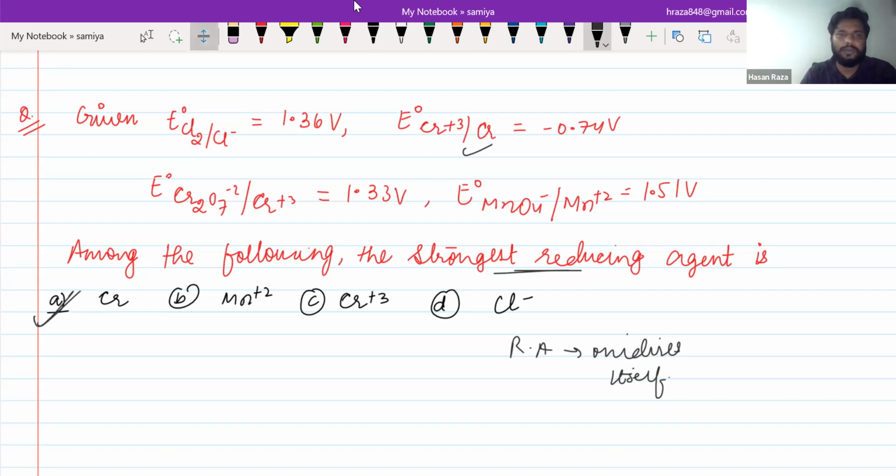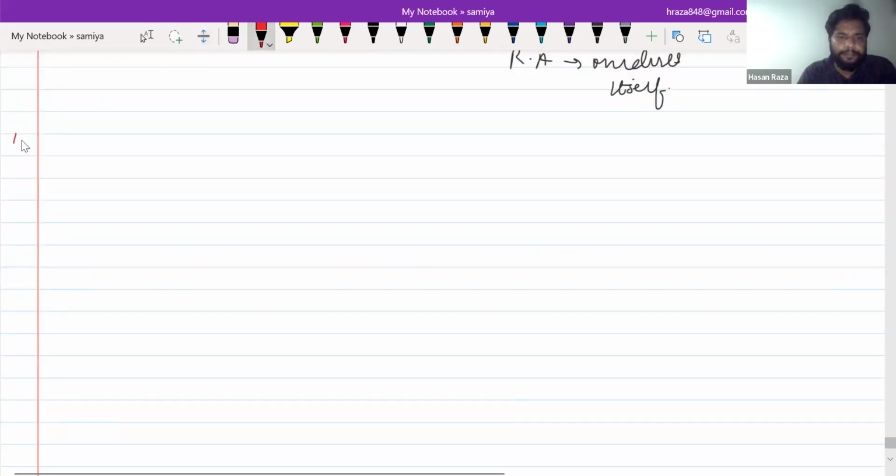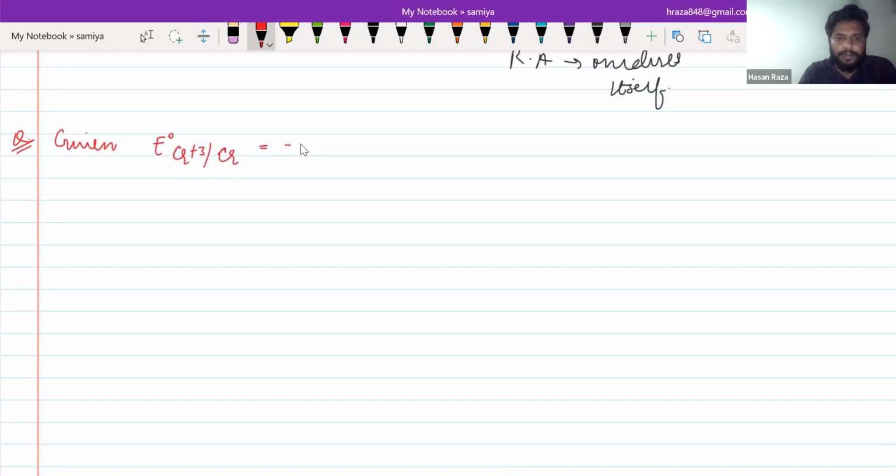Now the next question. Given E naught Cr plus 3 slash Cr is equal to minus 0.74 volt. E naught MnO4 minus slash Mn plus 2.